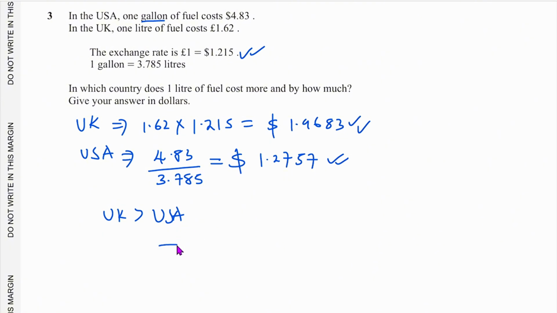So by how much, it means we just take the difference between the two. So we're going to have 1.9683 minus 1.2757, and that will be the same as $0.69.